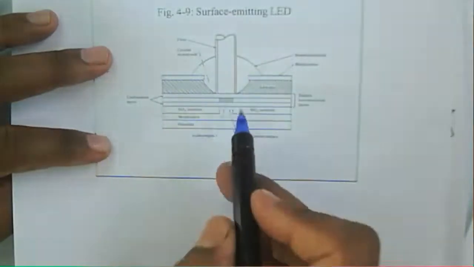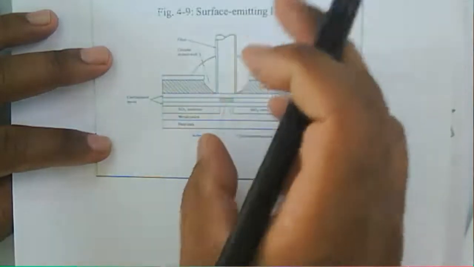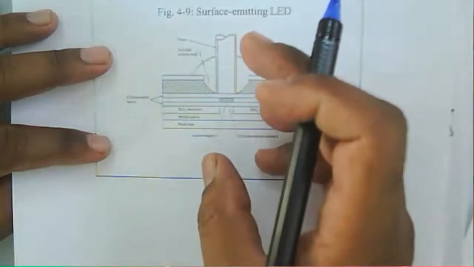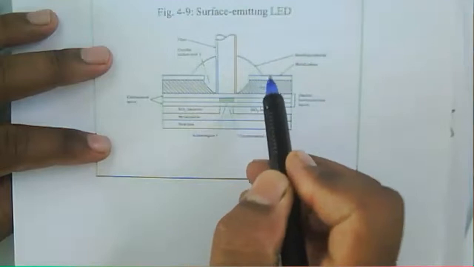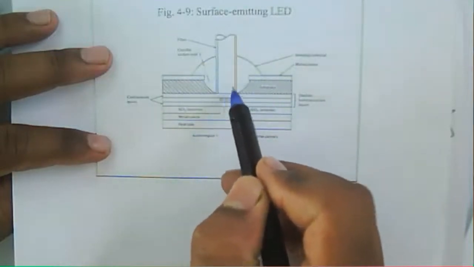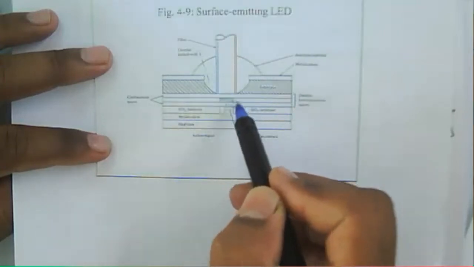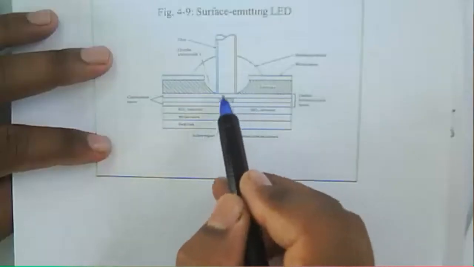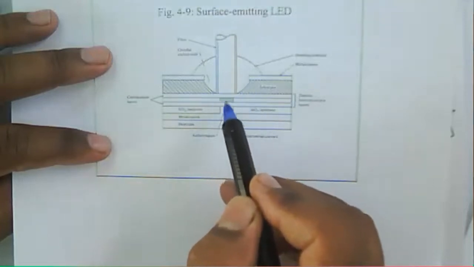So generally, the emission of this light takes place through a circular edged wall here. For the surface emitter, we say it has a circular active area.